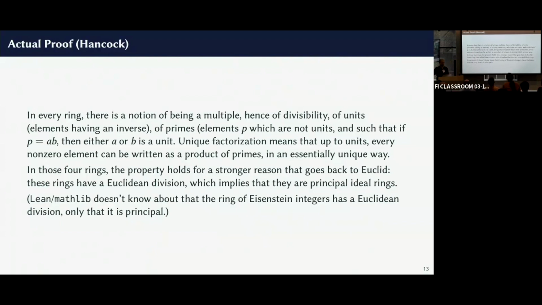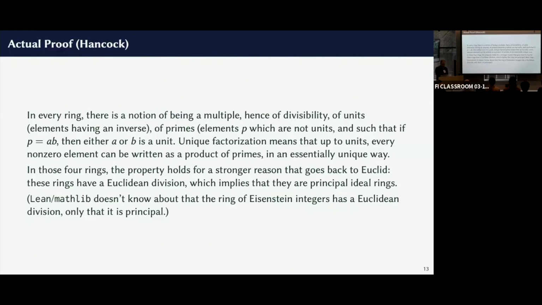Mathlib knows that the units in Z are plus or minus 1. It probably knows that the units in the Gaussian integers are 1, minus 1, i, minus i. And maybe it knows about the units in the cyclotomic ring for Eisenstein integers, because they've formalized Fermat's last theorem for 3, so it should be there.